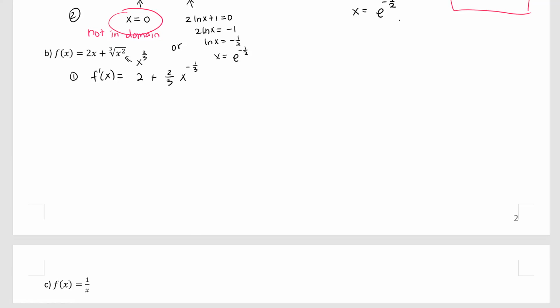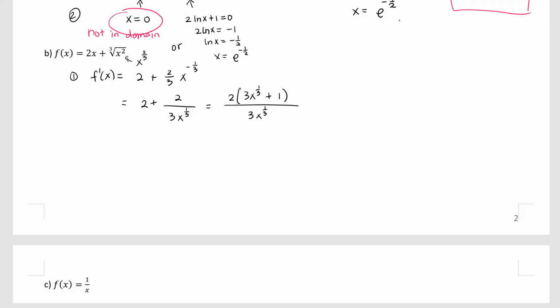So negative 1/3. Okay, so what is that? Well, that means x to the 1/3 is in the denominator. And then when we take the common denominator, 3x to the 1/3, we actually get 3x to the 1/3 plus 1.